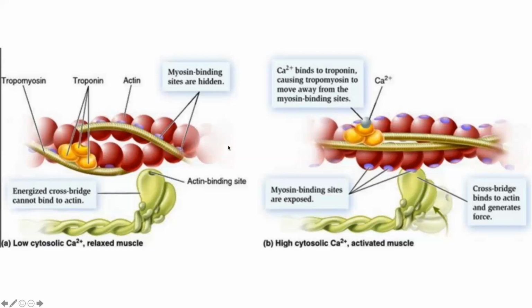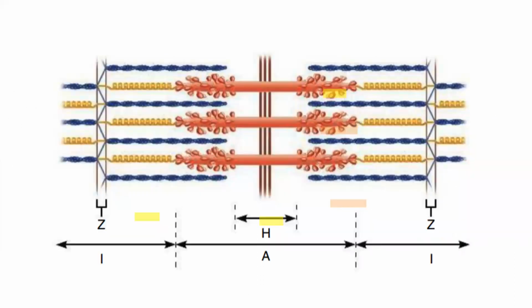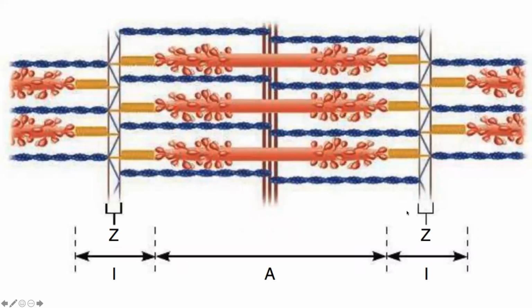So now let's look at the sarcomere level. What is happening here? In this diagram, if you look at these titin filaments, they are long. This is a state where the muscle is relaxed, and these two Z lines are far apart. Now, once the actin and myosin contraction begins, these two Z lines get close to each other.